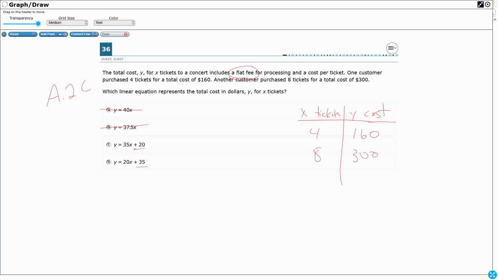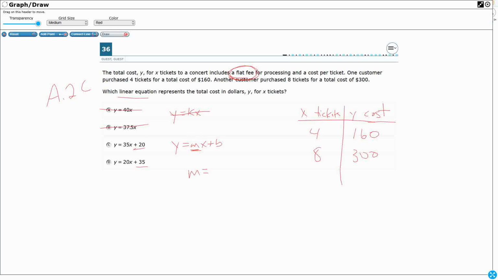Right? So if I'm looking at a linear equation, I have two choices. I've got my direct variation, which is not going to work because it has a flat fee. So we need slope-intercept form. And let's look at our slope.